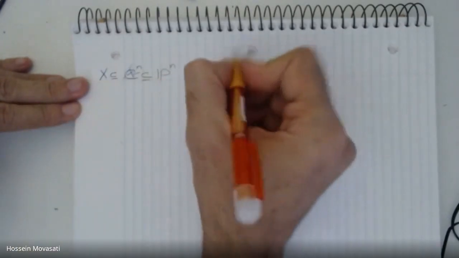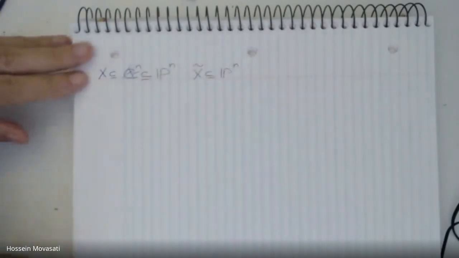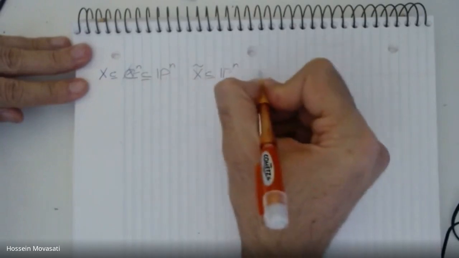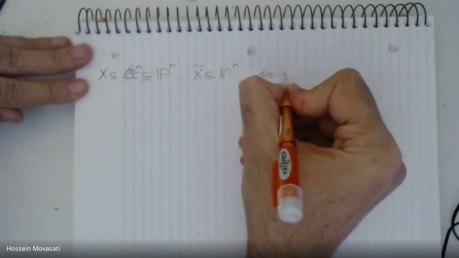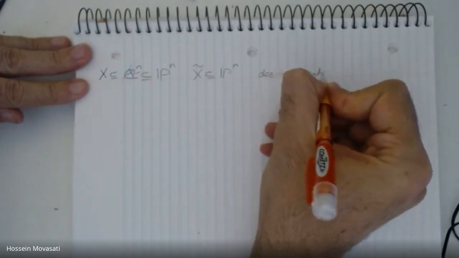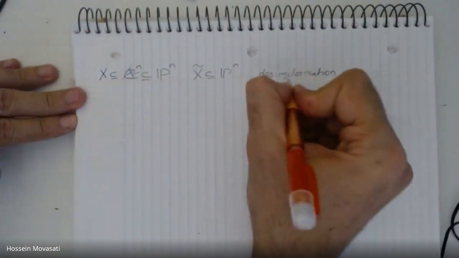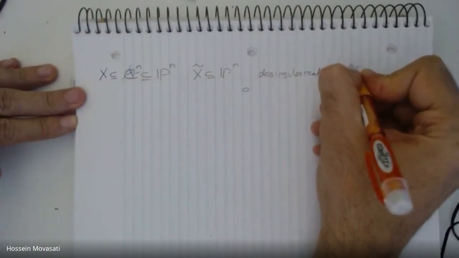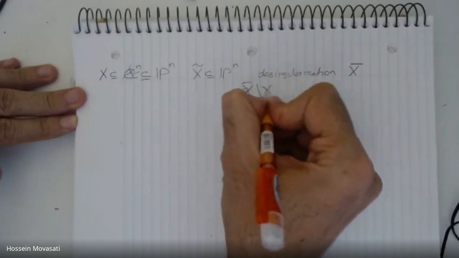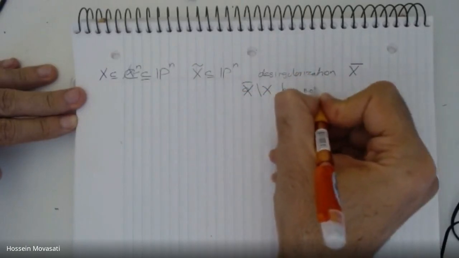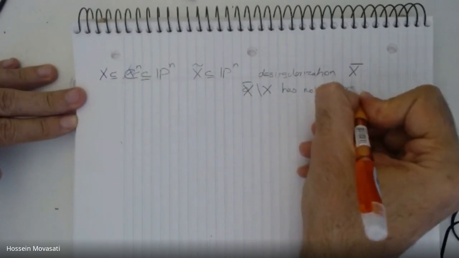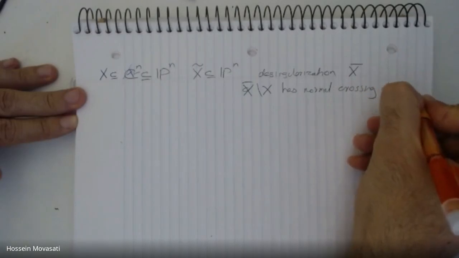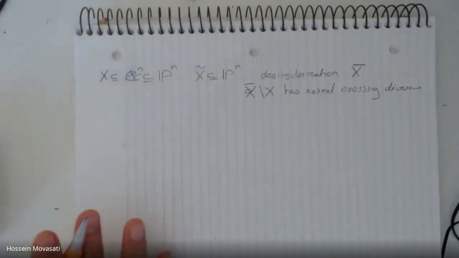It becomes projective, but it still will have singularities, and then comes desingularization. And then X bar, and X bar minus X has normal crossing divisors. So let me just explain this one and finish the proof.